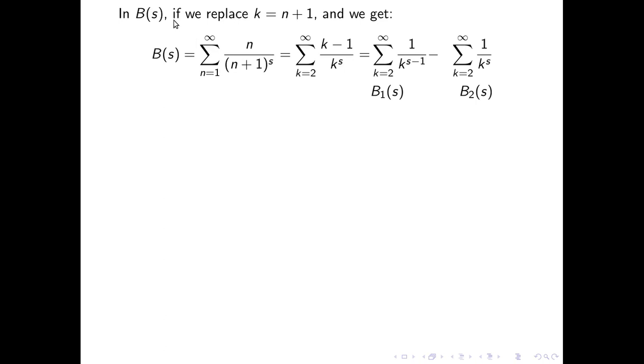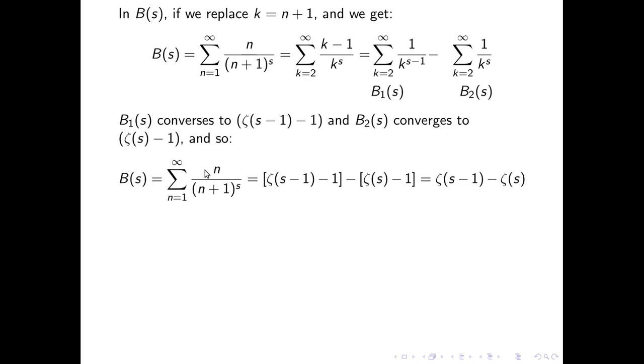In b of s, if we replace n plus 1 by k, we get this. And when we distribute the summation sign, we get b1 and b2. b1 converges to zeta of s minus 1 minus 1, and b2 converges to zeta of s minus 1. This is actually zeta of s excluding the first term.